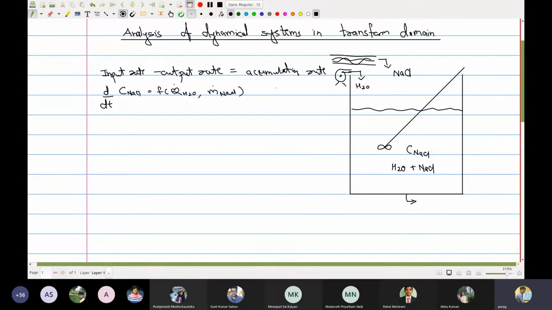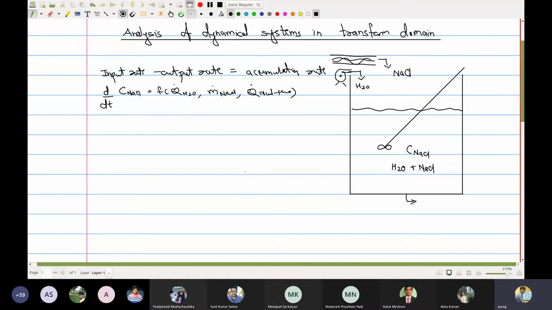It will depend upon this, and also on the outlet, so Q of NaCl and H2O at the outlet. Okay, so this will depend upon all of these things.